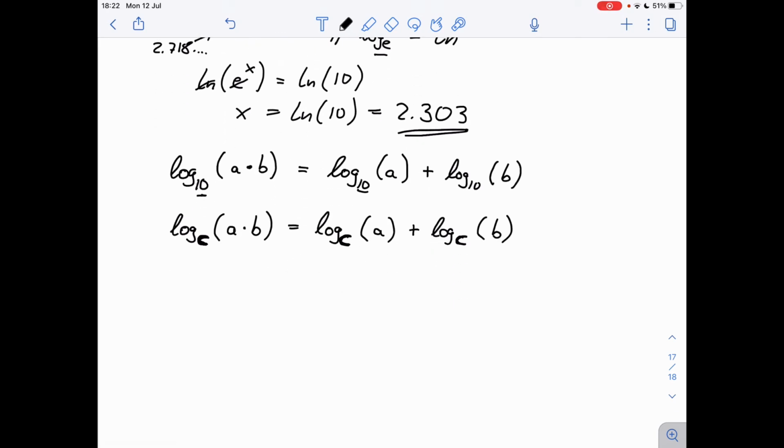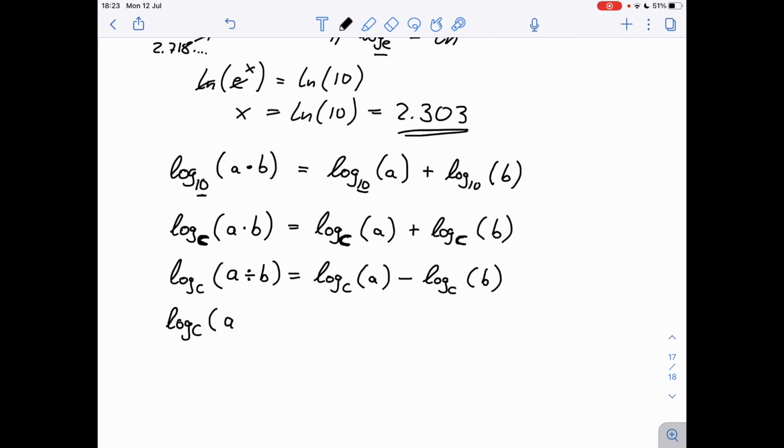And the same thing, log c of a divided by b gives us log c of a minus log c of b. And likewise, log c of a to the power of b gives us b times log c of a.